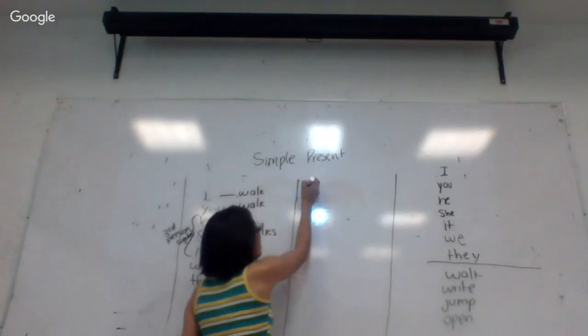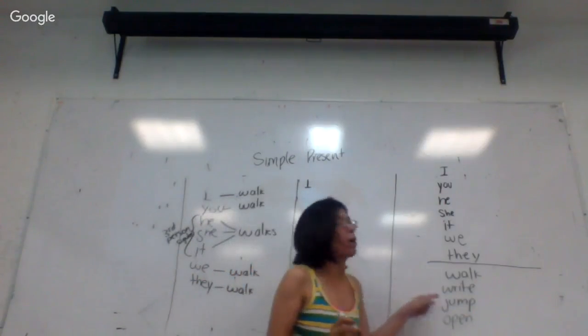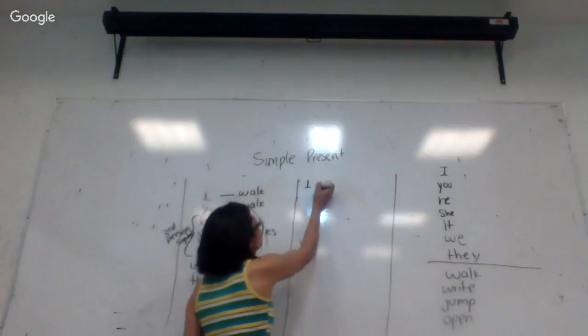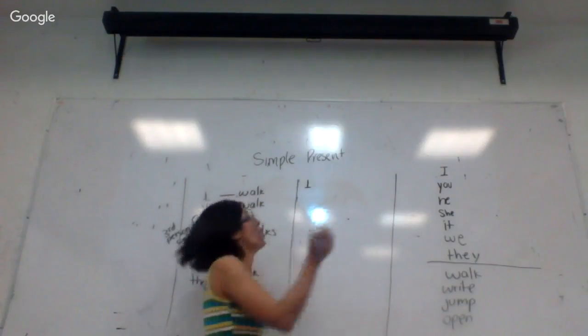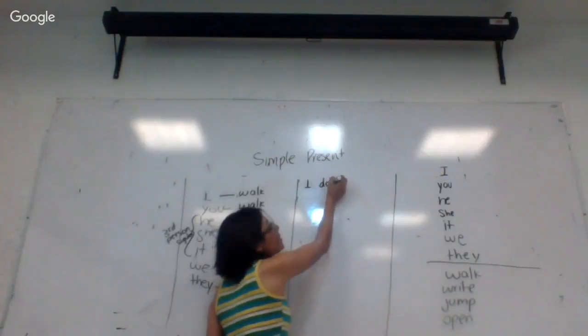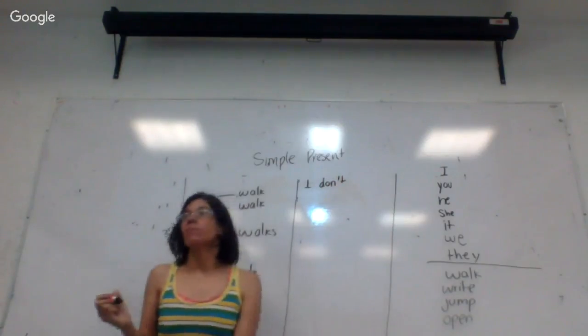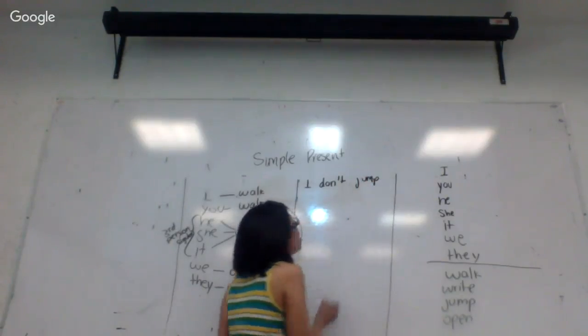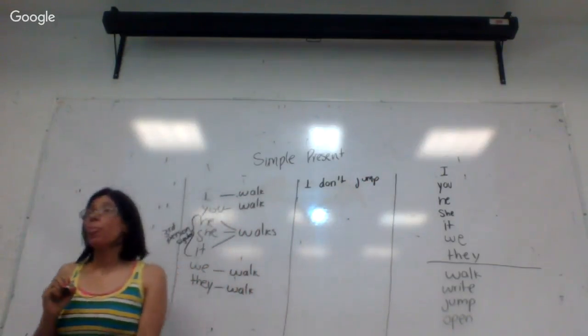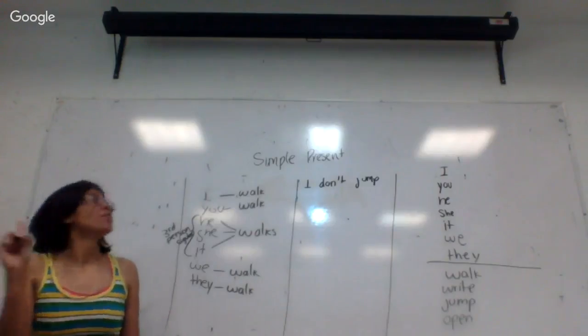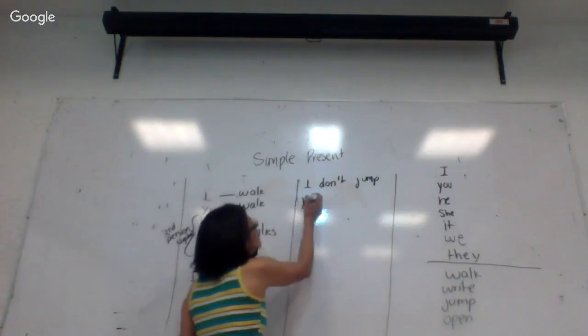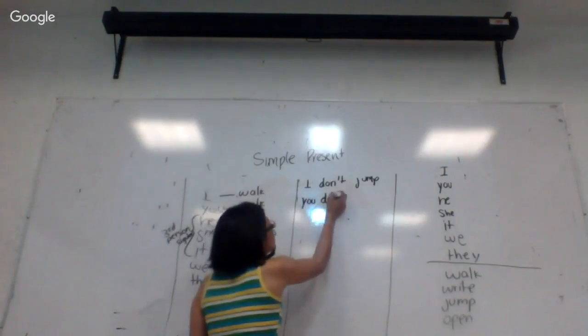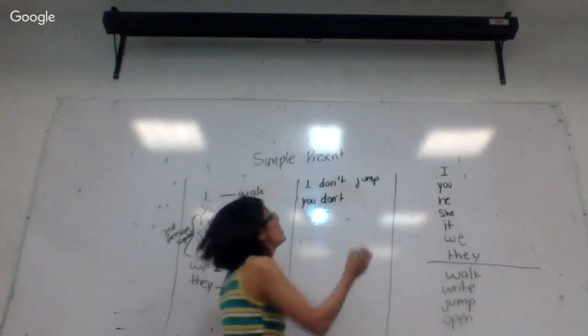So it's going to be I. We're going to use jump. I don't. Don't what? Jump. I don't jump. Excellent. You don't what? Yeah. Jump.